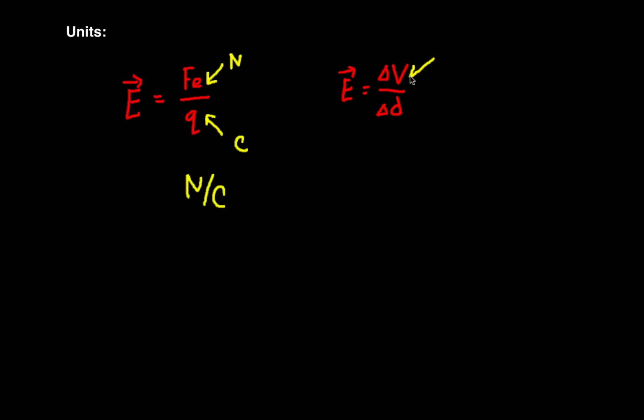But we also have volts divided by meters for the second electric field formula. This tells us that we could also use the unit volts per meter for electric field. These two units are equivalent. This is because the electric field unit is a derived unit, and so if you really look at the unit analysis, you'll find that they're actually equal to each other.